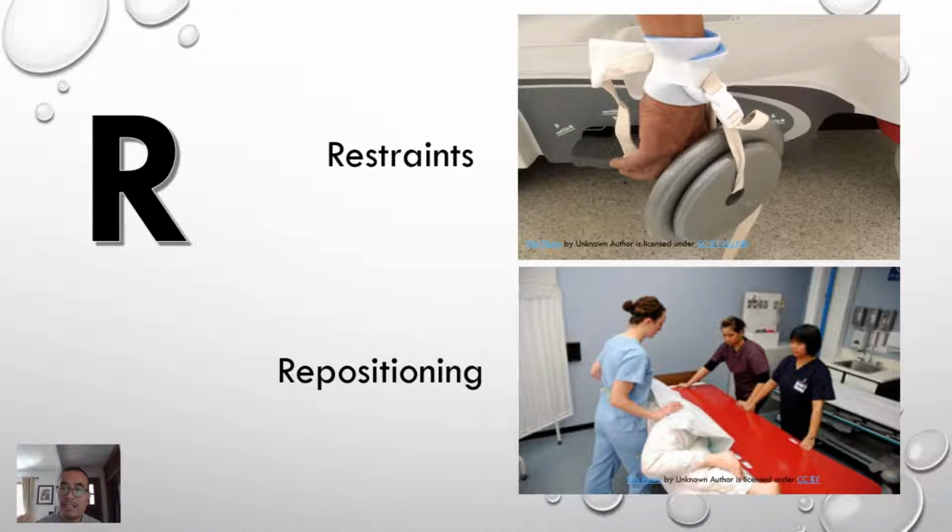Patients either self-extubate or they remove their central line. So as a safety measure, not only for yourself as a nurse, but also for the patients, so they don't pull a lot of the lifelines that they have, you're going to see that some of the patients do have physical restraints to ensure their safety until they become a little more stable and more cooperative for the restraints to come off. Which brings us to the next R, which is repositioning.